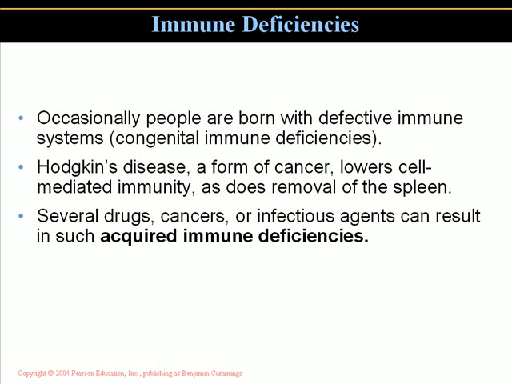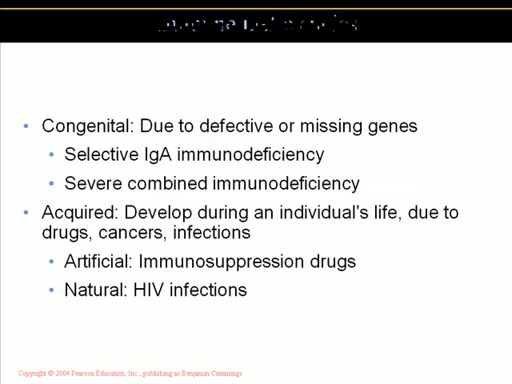There are several drugs, cancers, and infectious agents that also can cause immune deficiency to occur. Congenital immune deficiencies are just due to a defective or missing gene. You can have selective immunoglobulin A immunodeficiency and severe combined immunodeficiencies. Acquired immunodeficiencies develop during an individual's life due to drugs, cancers, and infections.